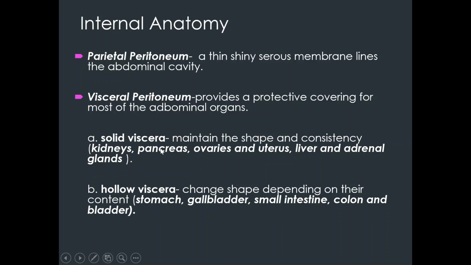This refers to kidneys, pancreas, ovaries, uterus, liver, and adrenal glands. When you say hollow viscera, this refers to organs that change shape depending on their content, such as the stomach, gallbladder, small intestine, colon, and your bladder.